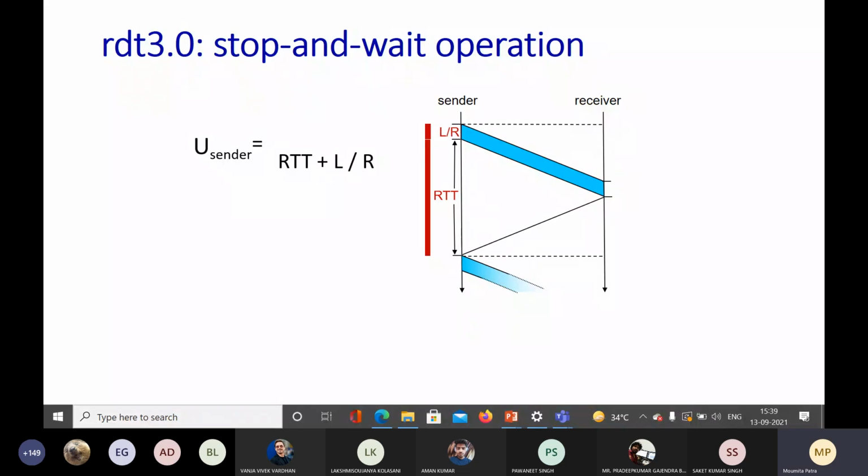Let's see what utilization we are getting here. The utilization is the transmission delay divided by the total time taken to actually receive the acknowledgement, that is, the entire sequence of steps: transmission of the packet plus reception of the acknowledgement.